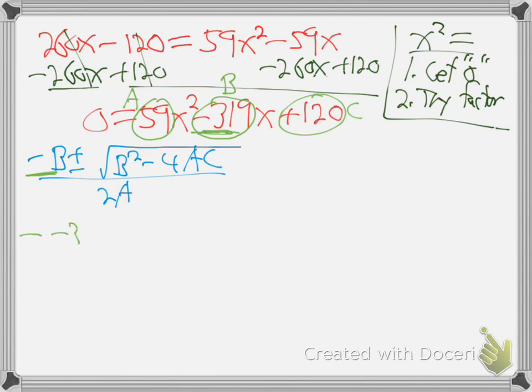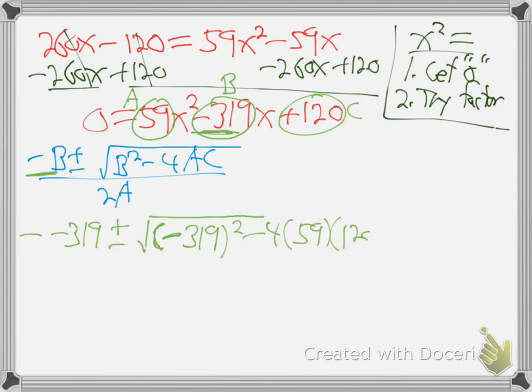So, negative b, careful there, it's negative b, and b is itself negative, so double negative, positive. 319 is going to be positive, as you know. Plus or minus the square root of negative 319 squared minus 4 times a times c, all over 2a. Whew, this is a terrible problem. This thing just keeps going and going.